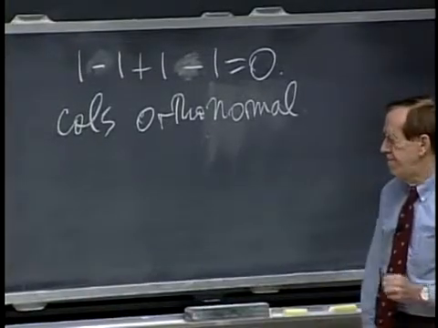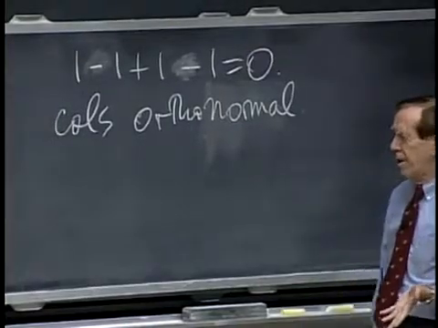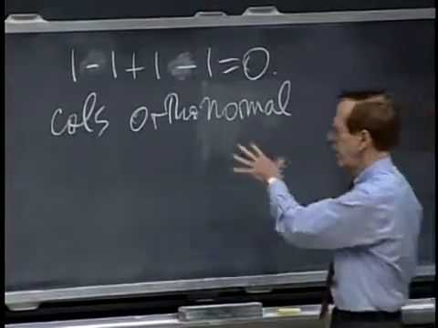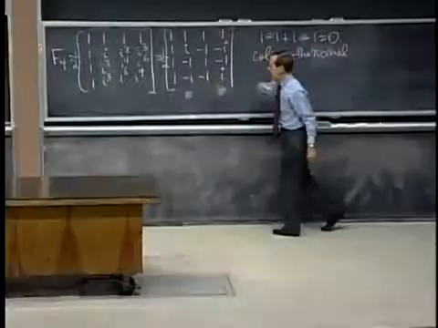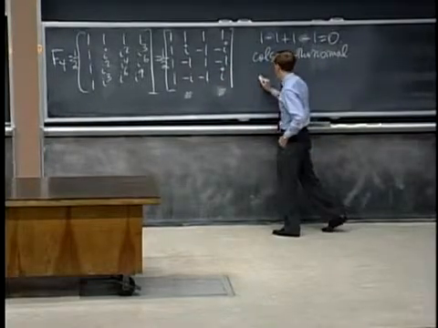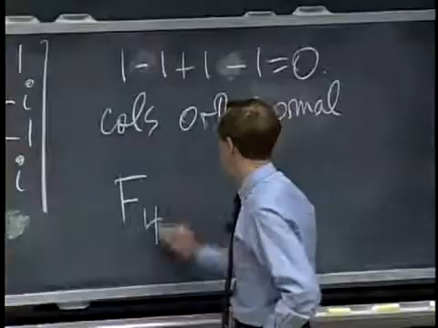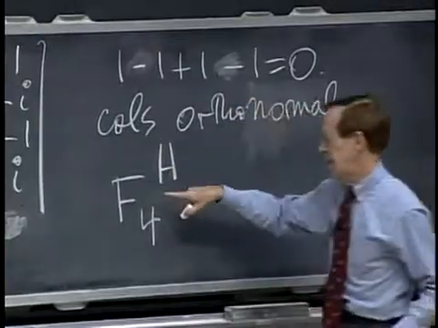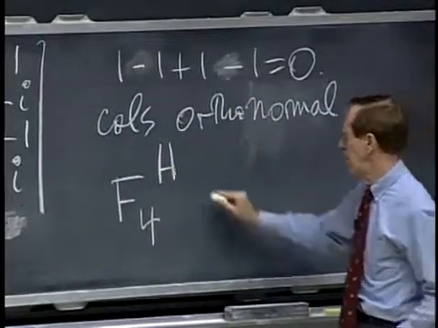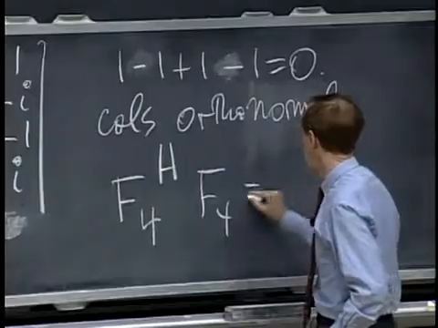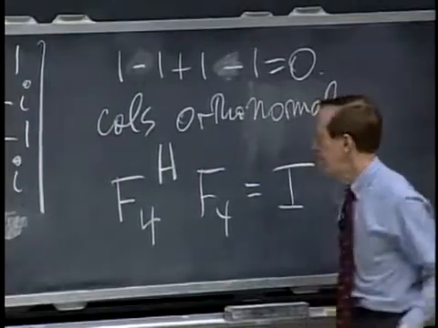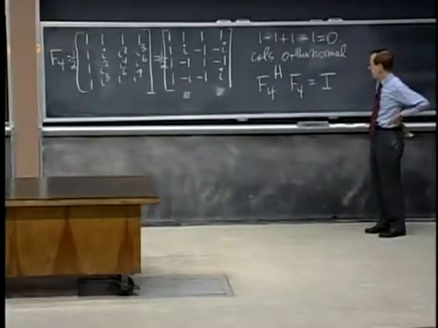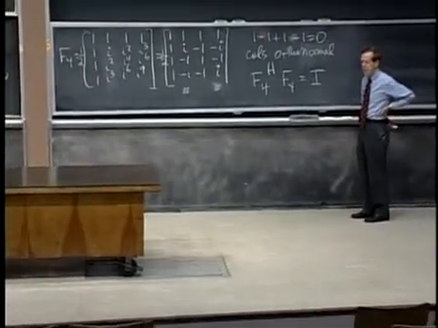So what? So I can invert right away, right? Orthonormal columns means, now I'm keeping this 1/2 in here for the moment, F4 Hermitian, the conjugate transpose, times F4 is I. So I see what the inverse is.